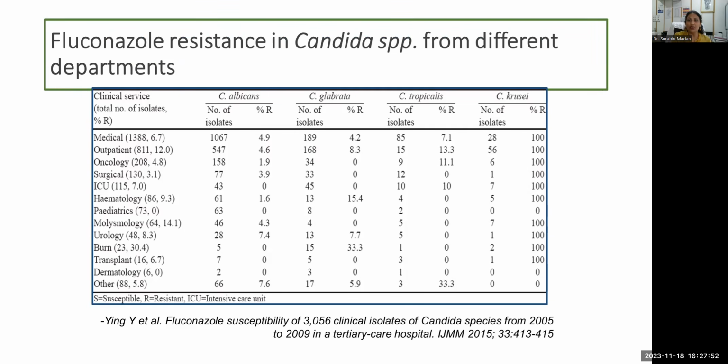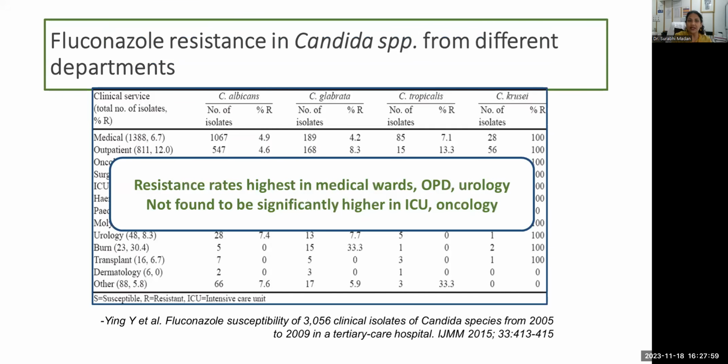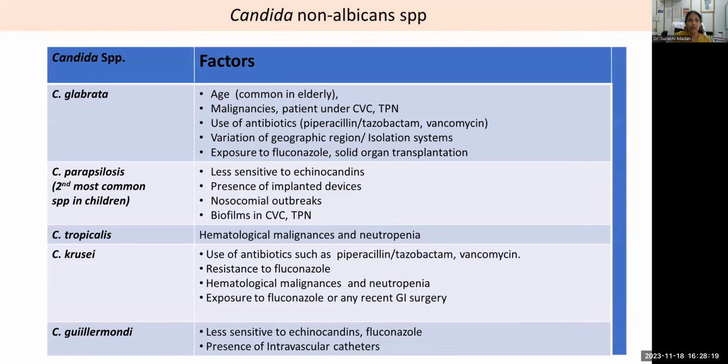Now, if we talk about fluconazole resistance in Candida species across different departments, the good news is that resistance rates were not found very high in ICU and oncology units, where we see critical syndromes associated with Candida most commonly, unlike the medical wards, OPD, and urology, where fluconazole resistance was found to be in higher rates.